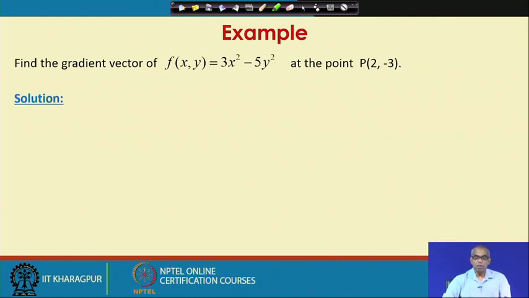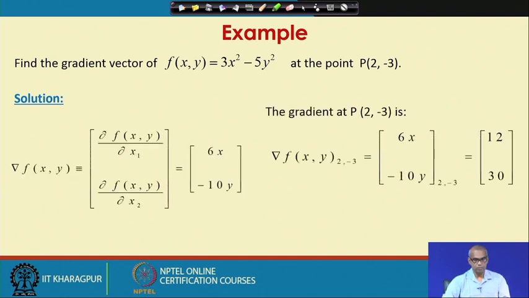Let us take an example and find out the gradient at a given point. We take a simple two variable function 3x square minus 5y square and let us evaluate the gradient at point x equal to 2, y equal to minus 3. So, we have a two variable function.